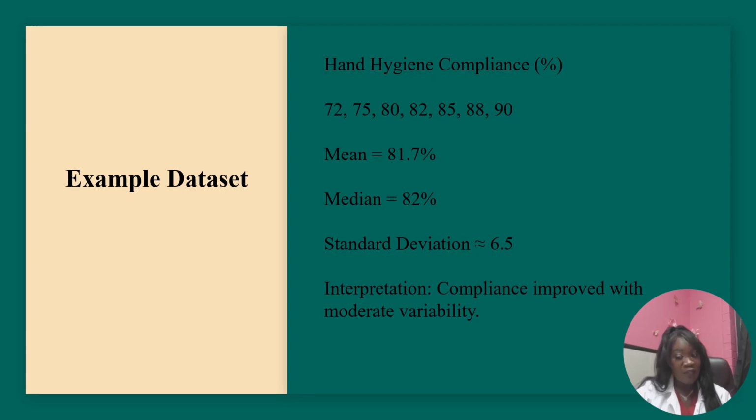The standard deviation is approximately 6.5%, which shows there is some variation in staff compliance, meaning some people are doing it and some people are not. In my actual DNP project, I can compare compliance data before and after implementing the standardized infection prevention policy to determine whether staff compliance improved and became more consistent.